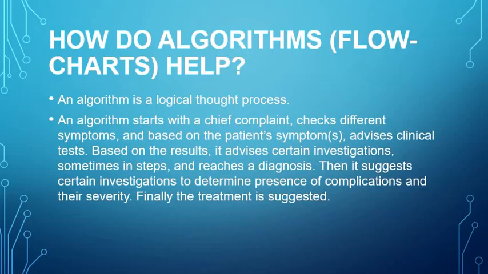What I mean is, when a certain investigation gives its result based on various values of the results, this algorithm will advise certain tests which are not done all at the beginning. When results are ready, it advises certain investigations to determine the diagnosis and the presence of complications and their severity. Finally, the treatment is suggested.